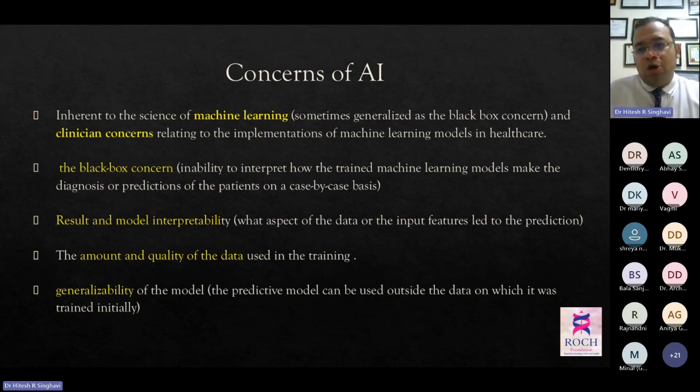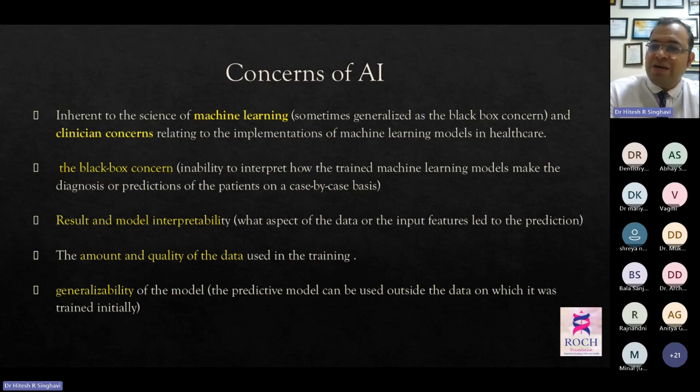But along with technology, there are some concerns which we need to address. Concerns are classified into two parts. One is machine learning, and second is clinical concerns. Now, first we'll see what the machine learning concerns are. First is something called the black box phenomenon. It is the inability to know how the trained machine learning models make the diagnosis or prediction for the patient on a case by case basis.